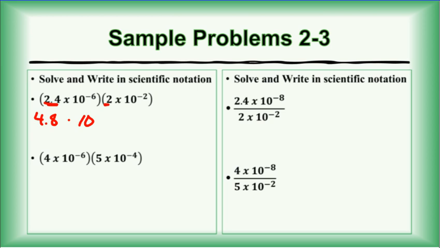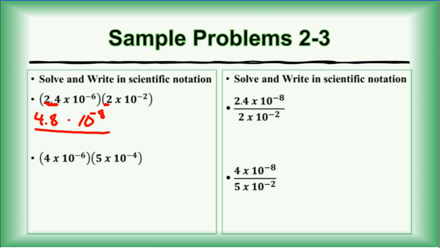Add those, negative 6 plus a negative 2 would give you a negative 8. Now we don't have to put that in standard form. They just want us to put it in scientific form. In the previous problems, we could write that in standard form because there really weren't any bigger powers. So here, 4.8 times 10 to the negative 8.